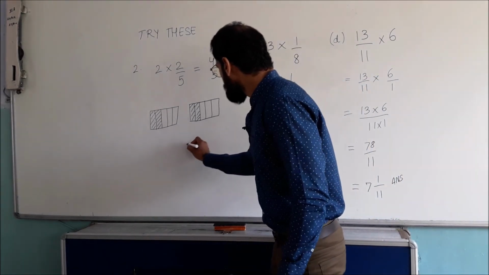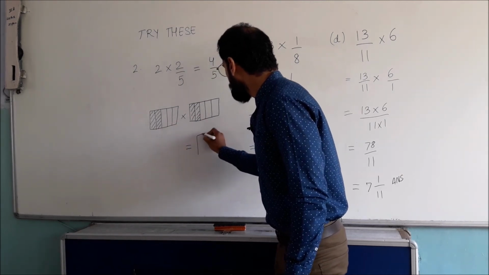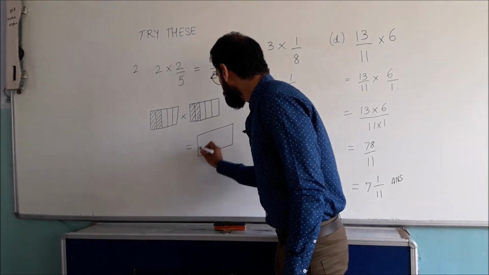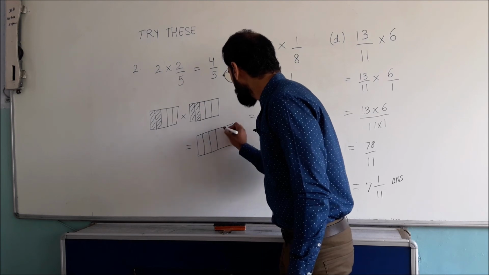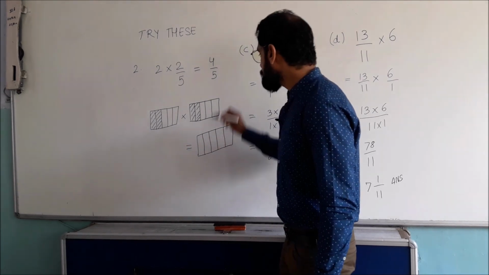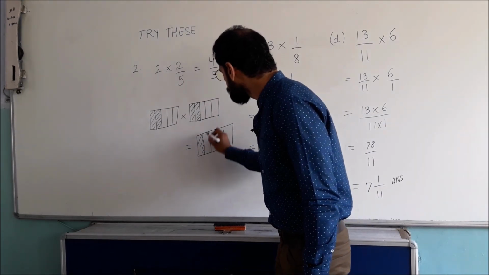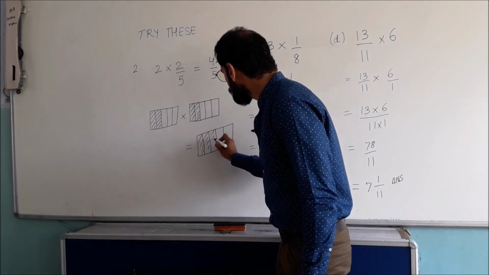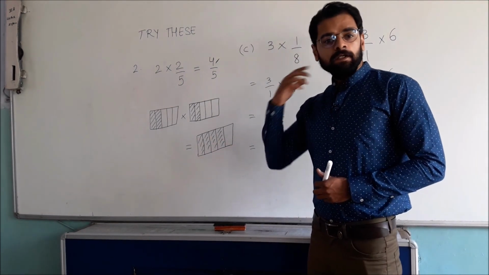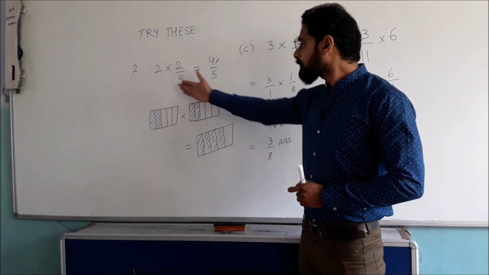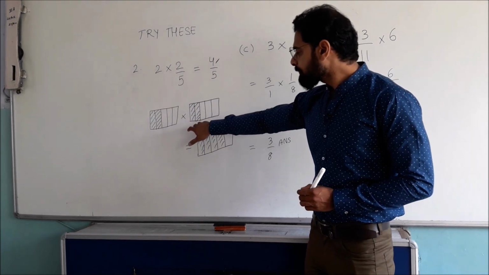So I will take a rectangle, make 5 equal parts, and now you have to shade 4 parts. So this is the pictorial representation of the same question which was given in numbers. In pictures, this question looks like this.